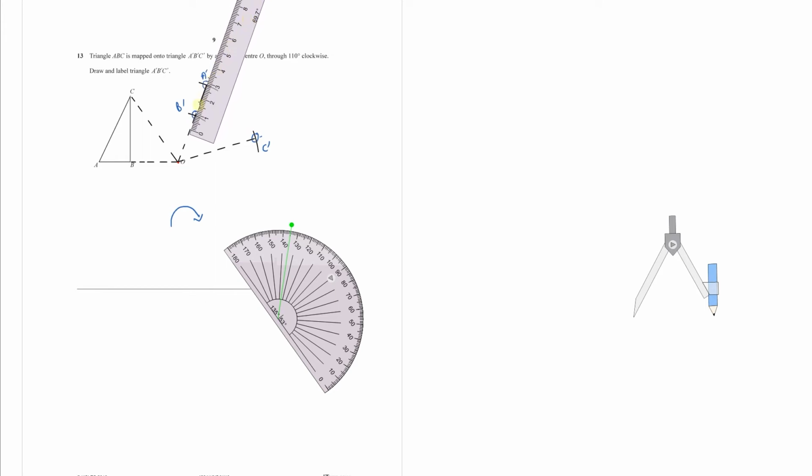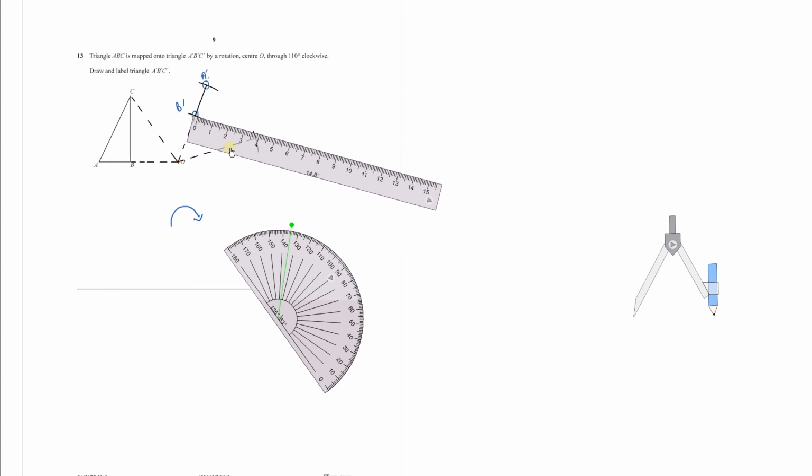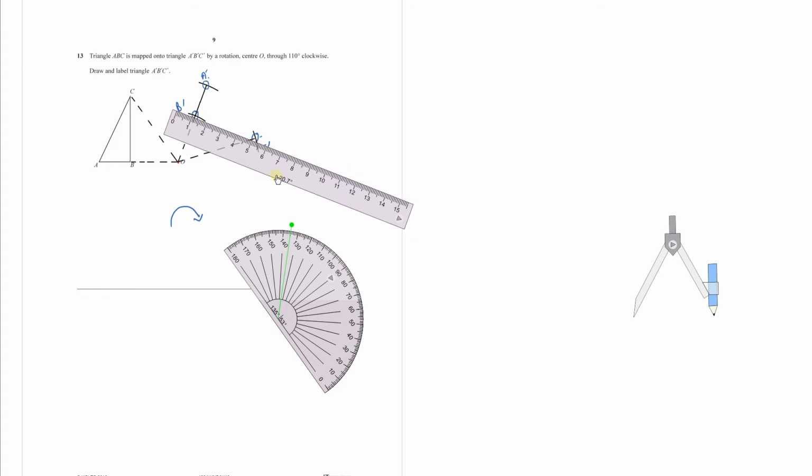So let me connect these two first. So this is your length A prime, B prime. And then I can join these B prime and C prime as well, like this.